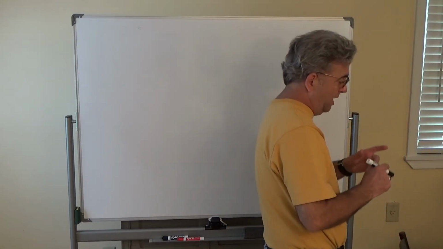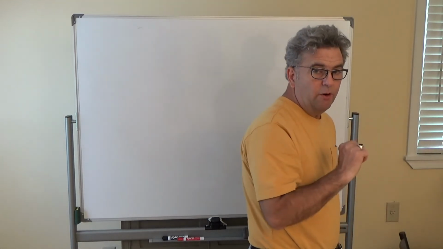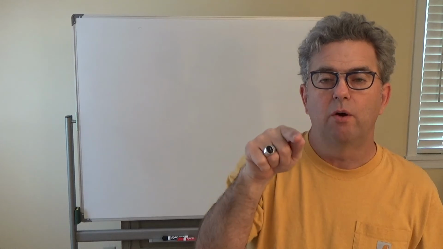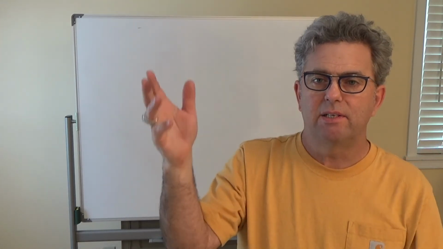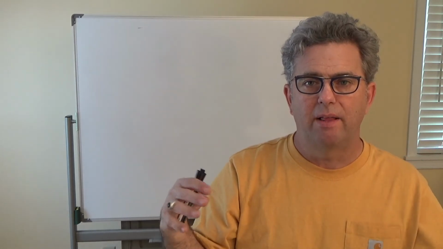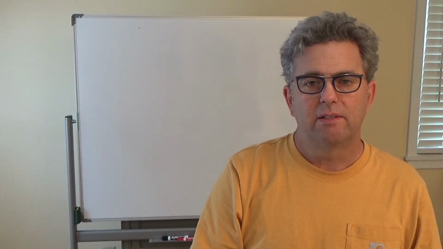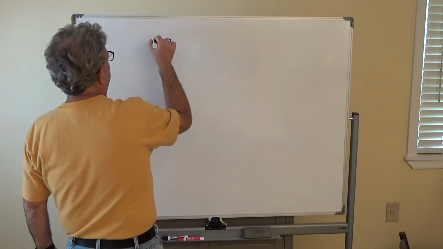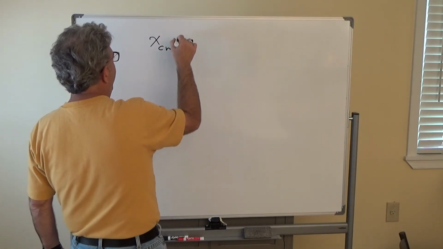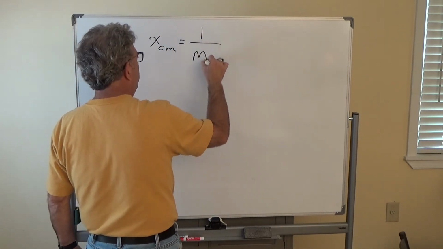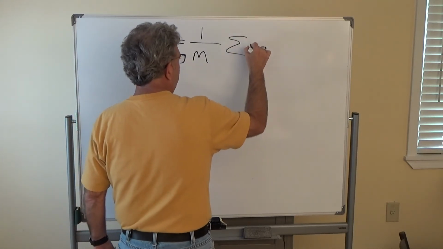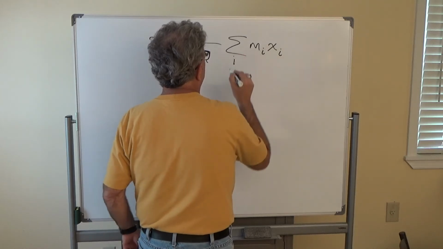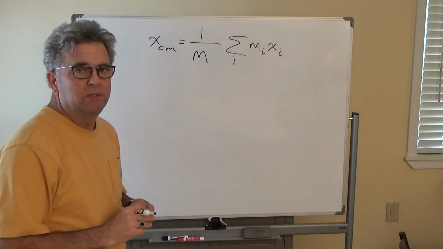Each little cell, the center of mass of each little cell has a coordinate. You know its mass. Mass times coordinates divided by the total mass. That's center of mass. Remember, X center of mass is equal to 1 over the total mass times the sum of each little individual mass times its position.